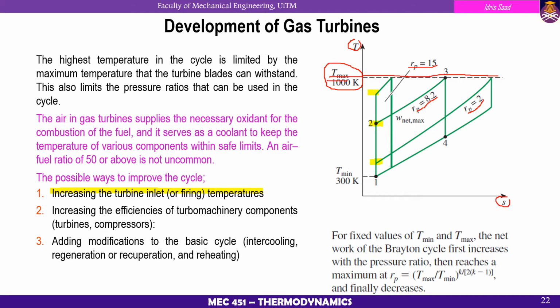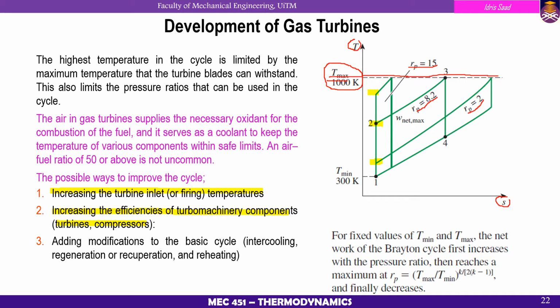Number two, we can increase the efficiency of the turbomachinery components. So let's say from previous example 6.2, the efficiency of the turbine and the efficiency of the compressor is about 80% something. So we can increase it to 98 or 99%. However, it is impossible to design turbomachinery, which is the turbine and compressor, with isentropic performance.